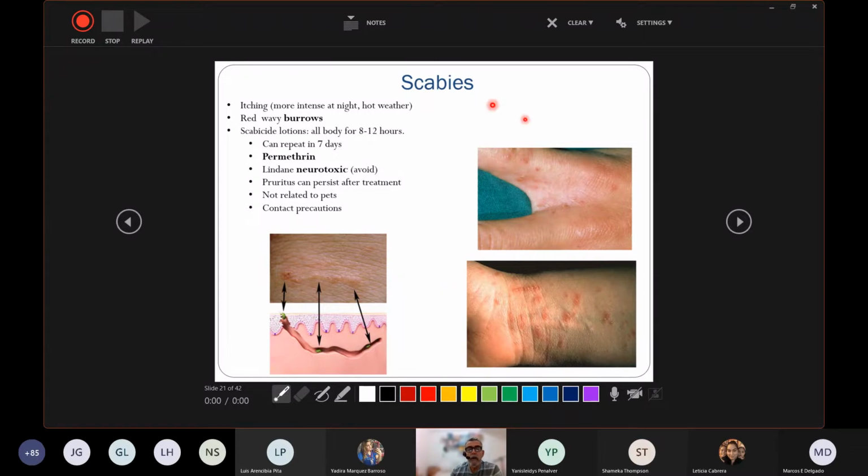That's it. The treatment is permethrin, needs to be given on all the body, and is repeated again in 7-10 days. And pets don't need to be treated. It's not true that perros son sarnosos.